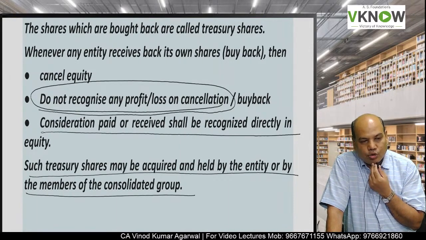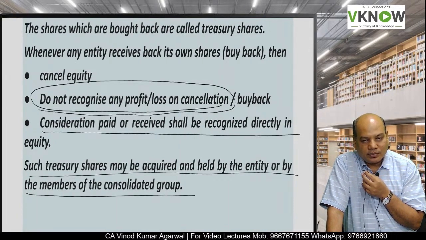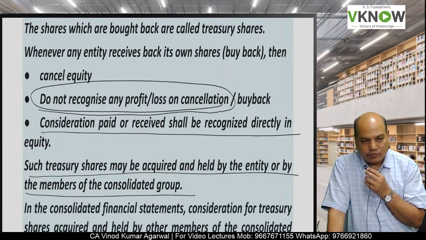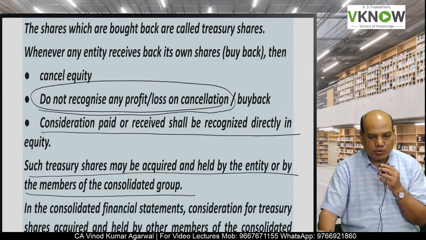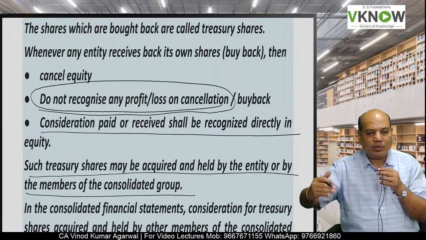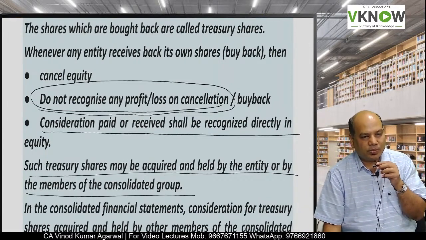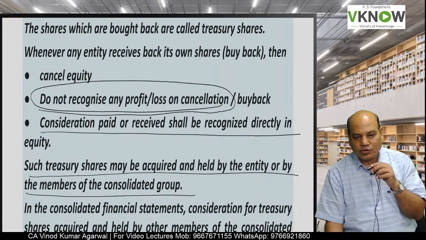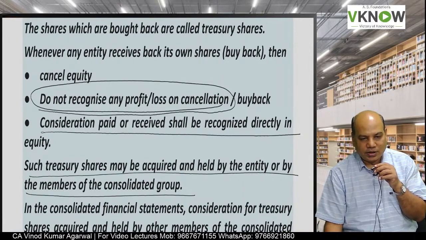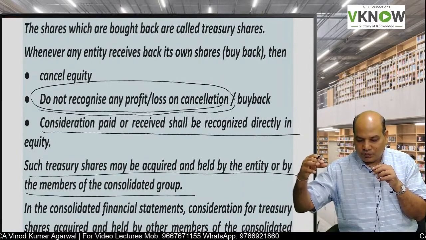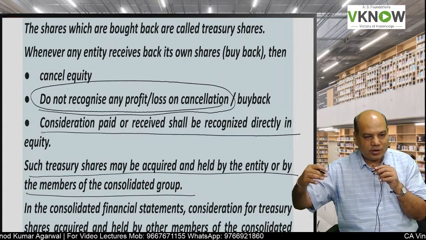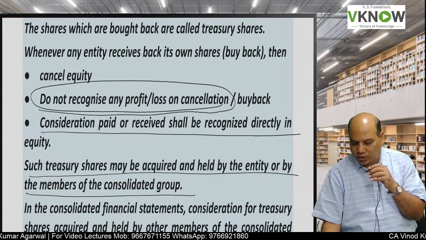Sometimes one group member may acquire shares in another group member. Then at the time of consolidation, they will be cancelled. The investment in the equity shares will be cancelled and the share capital will also be cancelled.